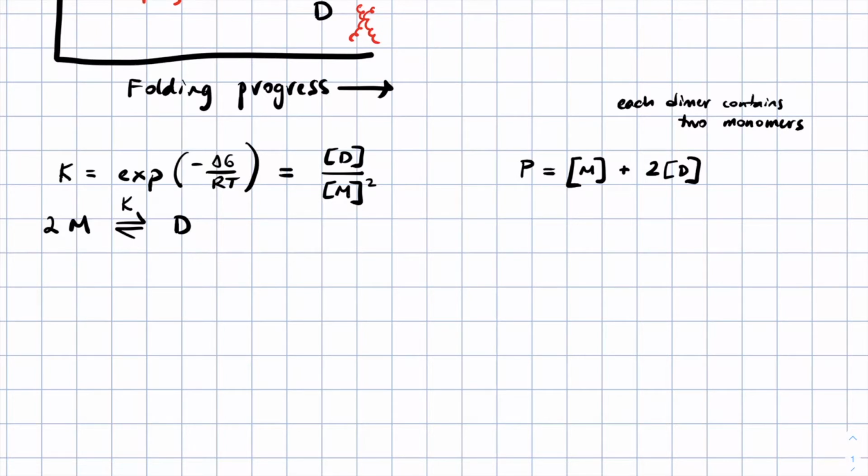All right, and because of the equilibrium constant, there is a relationship between the concentration of monomer and the concentration of dimer. So, for example, we can rearrange this expression for equilibrium constant to say that the concentration of dimer actually equals the equilibrium constant times the square of the monomer concentration.